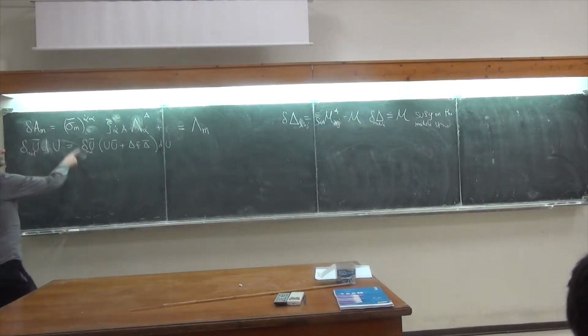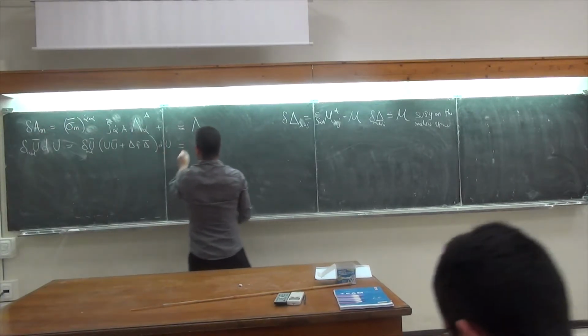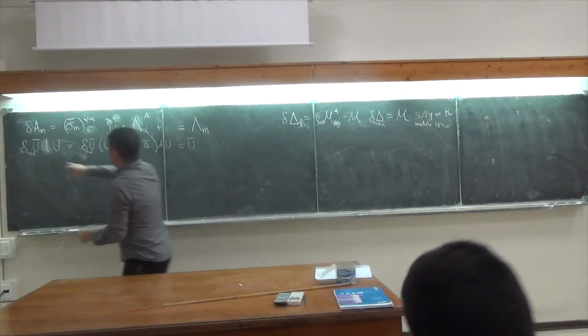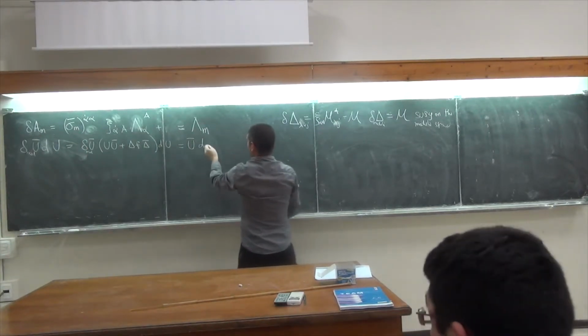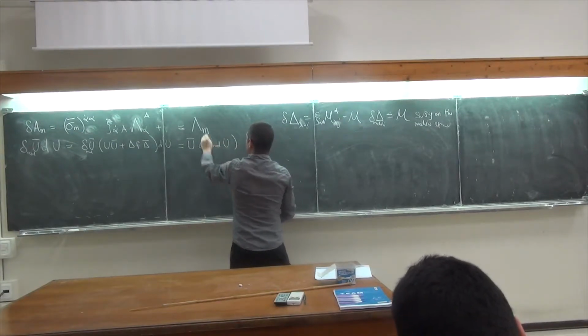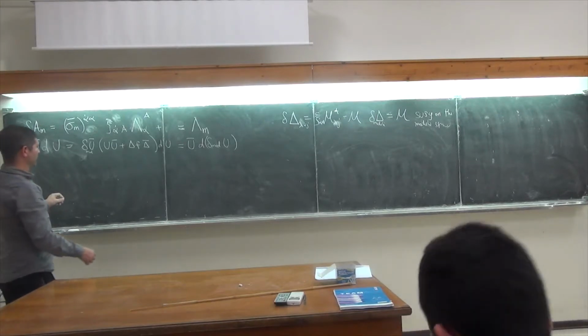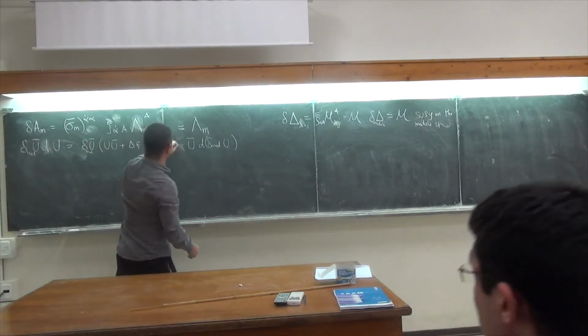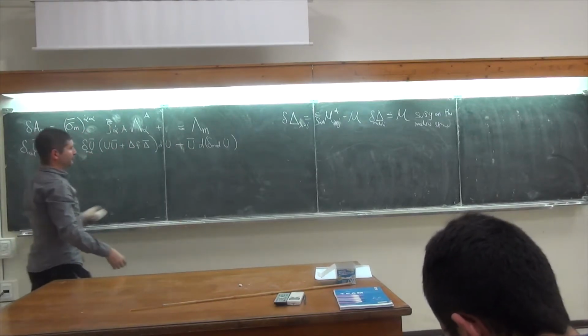Or if I act with the delta on the second side, it is U bar, I act with the delta here, d of delta moduli. This was the first action. This was the second action, and then I put again here.